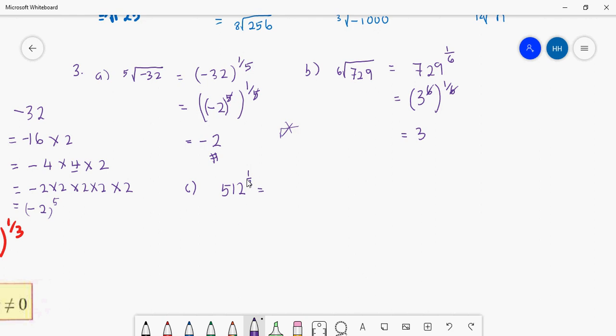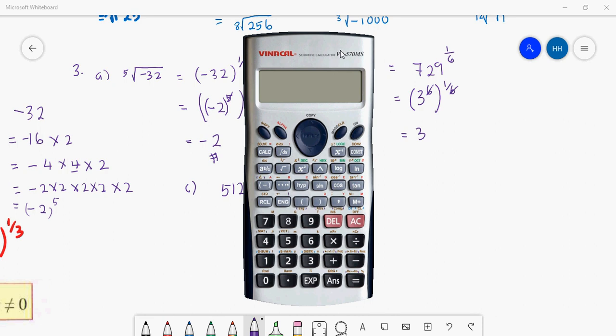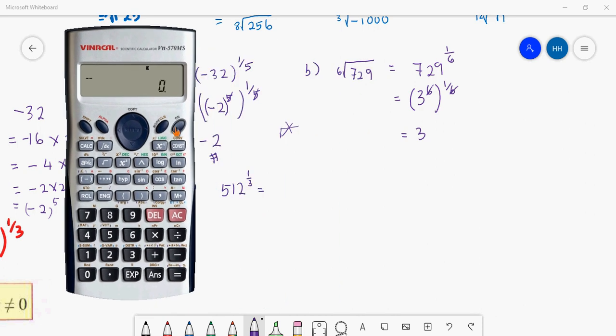The tip here is you can try using a calculator, the trial and error method. 512 is equal to... Because this is power 1 over 3, you can try power 3 on the calculator. 3 cubed, you cannot get 512, right?